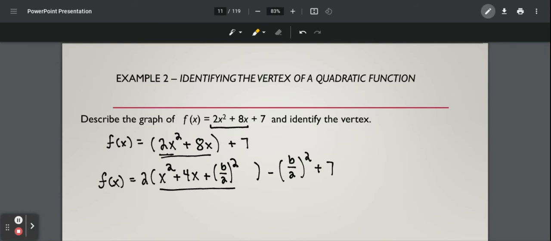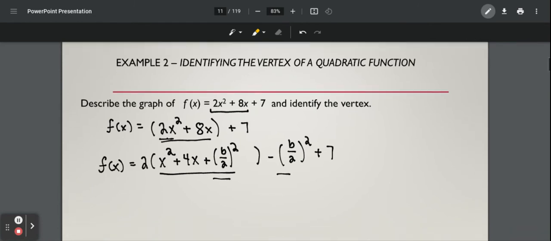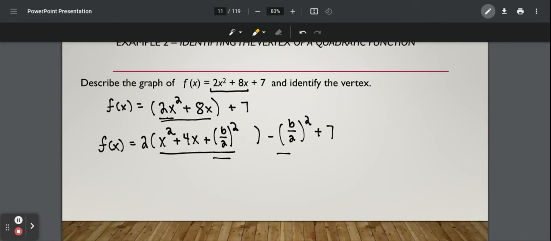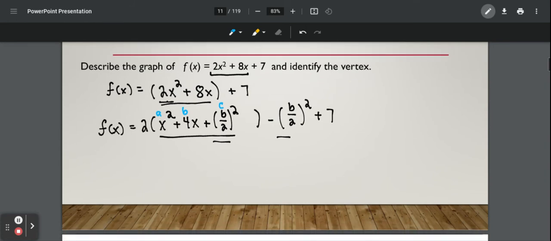Okay, so because we're adding something, we also have to subtract it, so that way we're not actually changing the form. So if we look at this equation, if we consider this to be like our a, our b, and then this would be our new c value. So our a is 1. In this case, our b is 4.